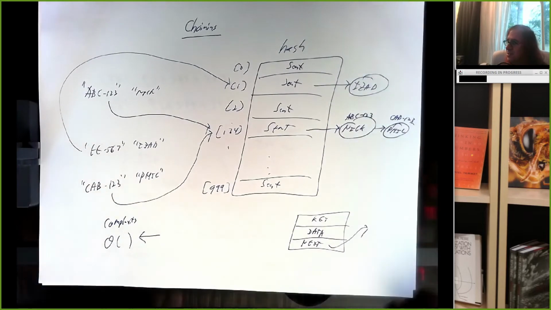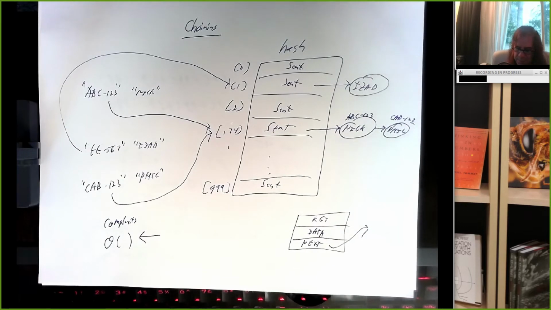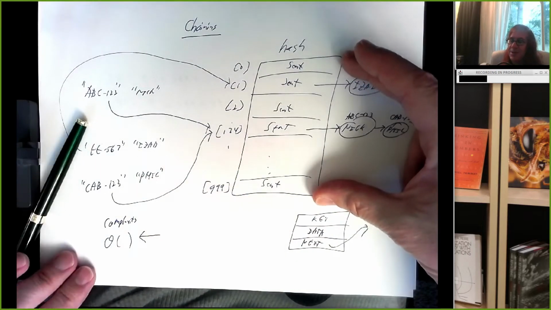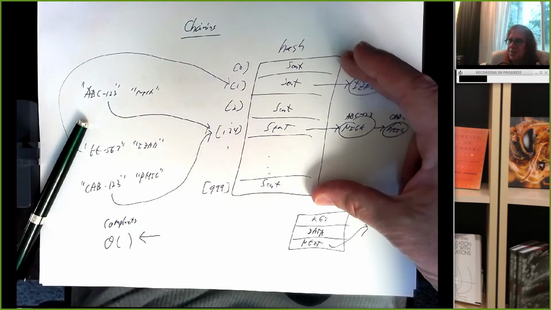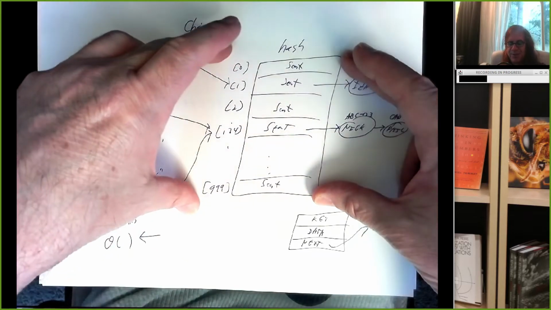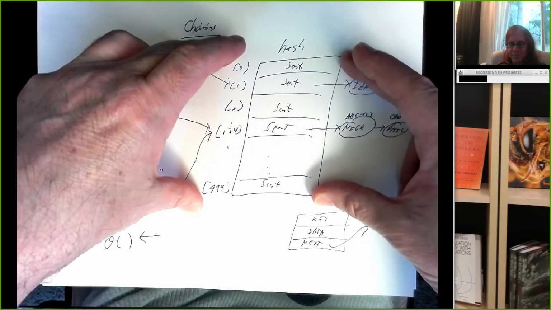An advantage, though, is there's no limit theoretically to how much information we can store. Our hash table is going to be an array, and arrays always have a predetermined size. So in this example, my array can hold 1,000 entries.